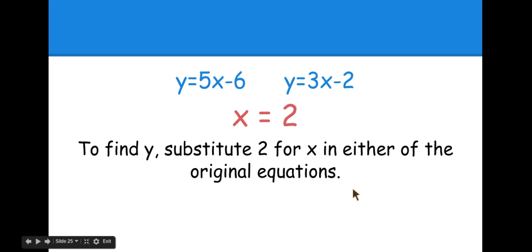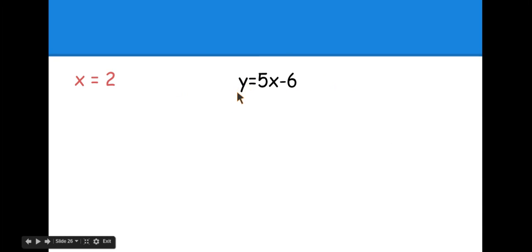Now, since we have our x value, we need to figure out our y value. So to find y, we substitute 2 for x in either of the original equations. So we've got this x equals 2. So I'm going to choose y equals 5x minus 6. You can choose either equation. And we're going to plug in 2 for that x.